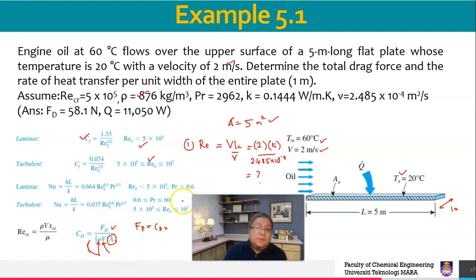And then you need to determine the Nusselt number based on the Reynolds value just now. It is laminar or turbulent, of course laminar, so we'll use this formula. The Prandtl number has been given, the Reynolds number you can always determine, and then you can determine the value of Nu.